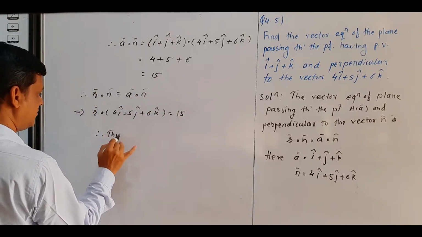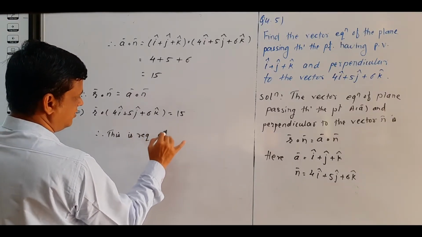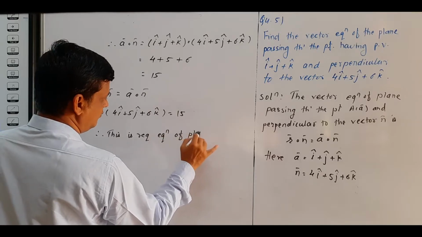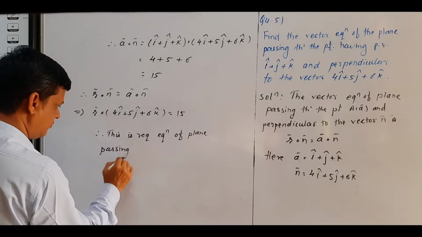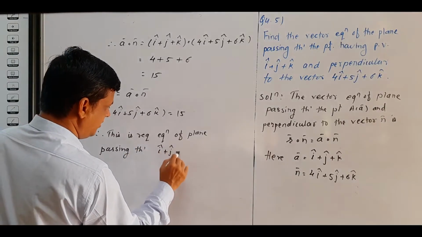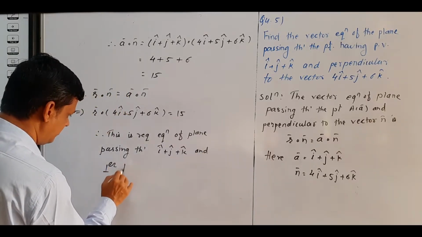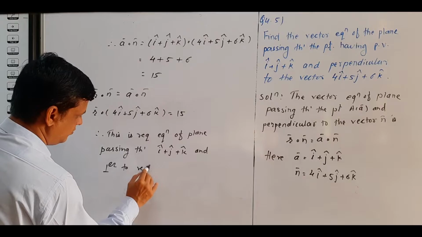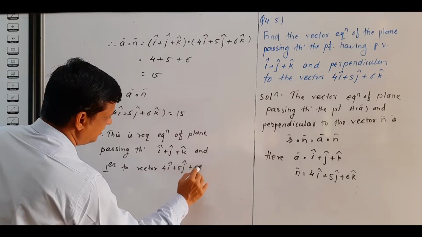Therefore this is required equation of plane passing through i plus j plus k and perpendicular to vector 4i plus 5j plus 6k.